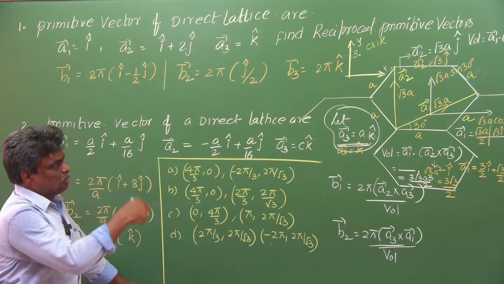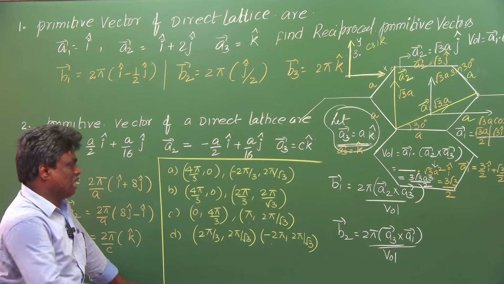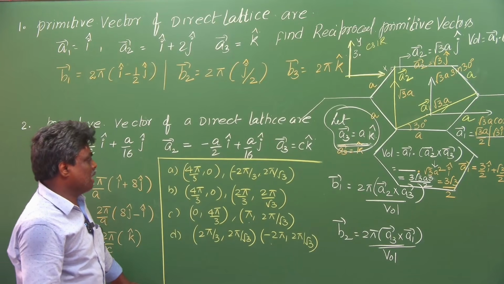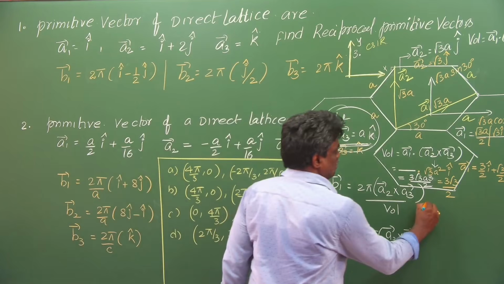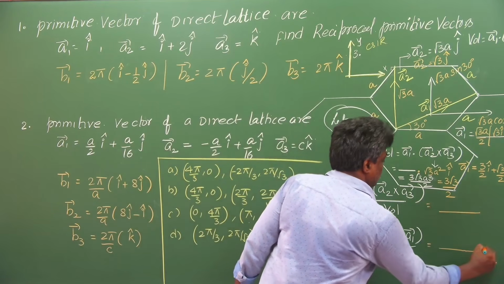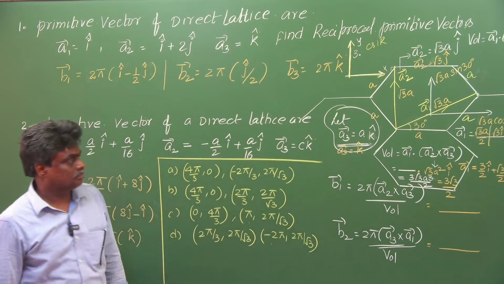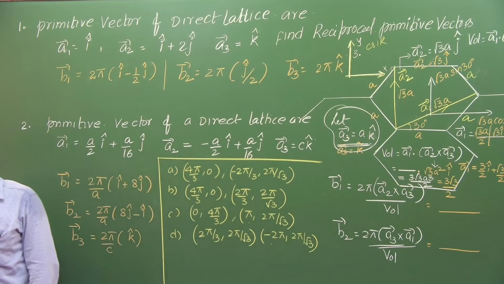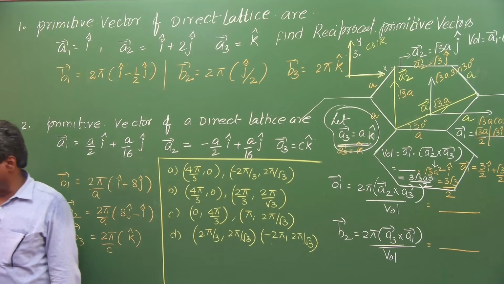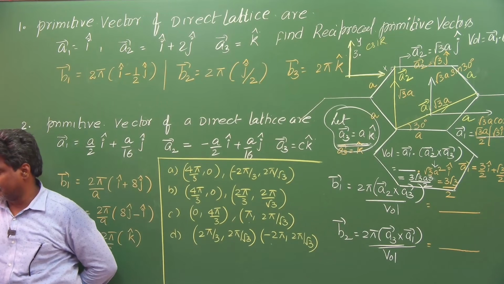Now please substitute all those things and tell me your answer. What is B1 bar and what is B2 bar? Simply find the cross product. Do it.